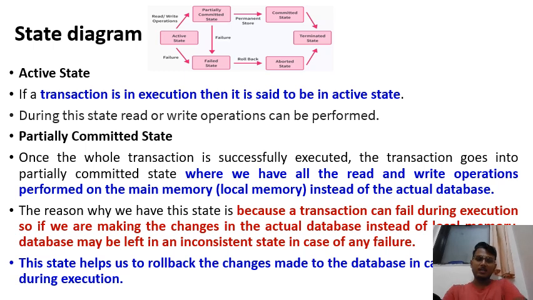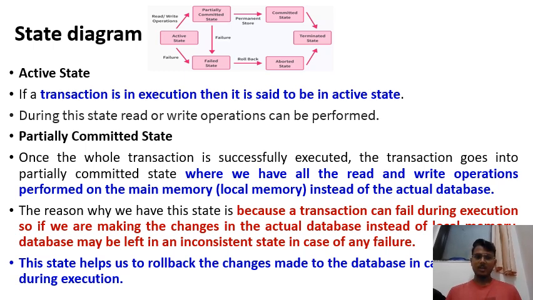Active state: if the transaction is in execution, then it is said to be in the active state. During this state, read or write operations can be performed. Partially committed state: once the whole transaction is successfully executed, the transaction goes into the partially committed state, where all the read and write operations are performed on local memory instead of the actual database.